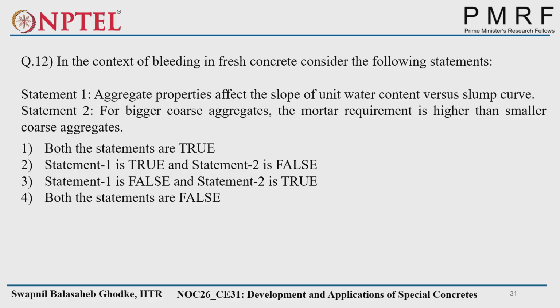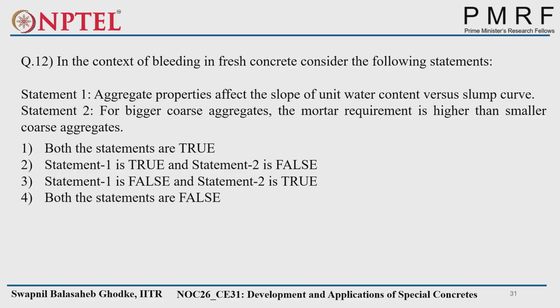Next, aggregate properties affect the slope of unit water content versus slump curve. For bigger coarse aggregates, the mortar requirement is higher than for smaller coarse aggregates. Tell me what will be the answer? Second is false, right? Because we already saw in the graph that aggregate shape and size affect the slope of unit water content versus slump curve.